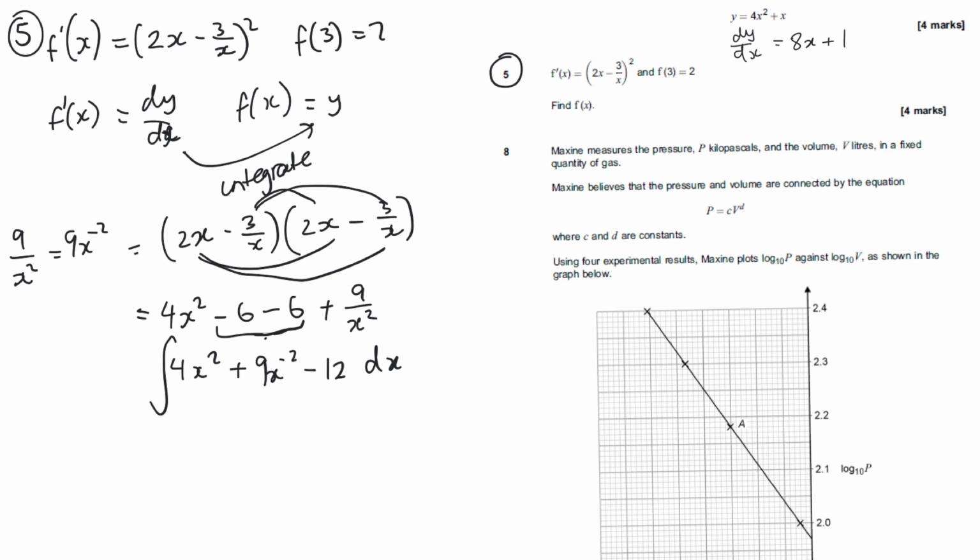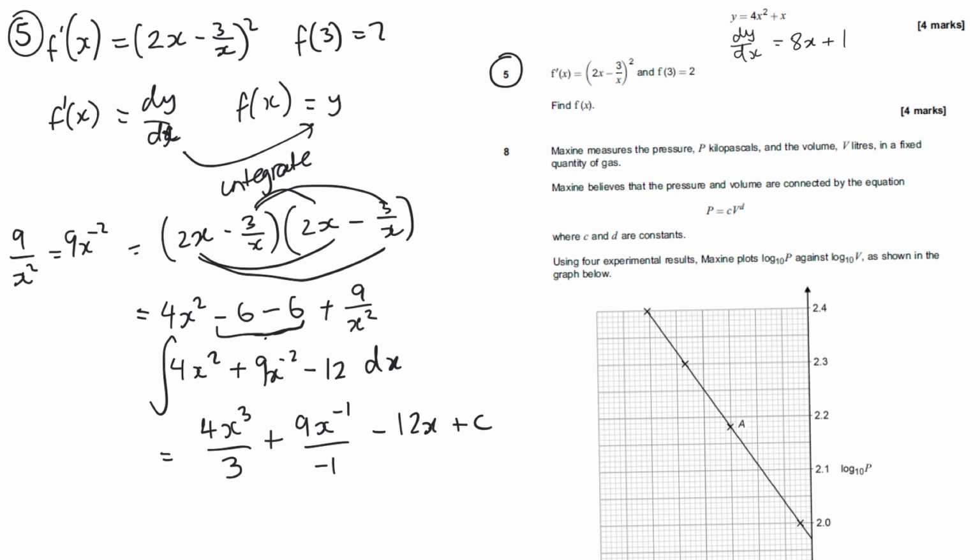Now to integrate, remember we add 1 to the power and then divide by that new power. So that's going to integrate into 4x cubed over 3 plus 9x to the minus 1 over minus 1 minus 12x plus c. Remember with integration, never forget your plus c.